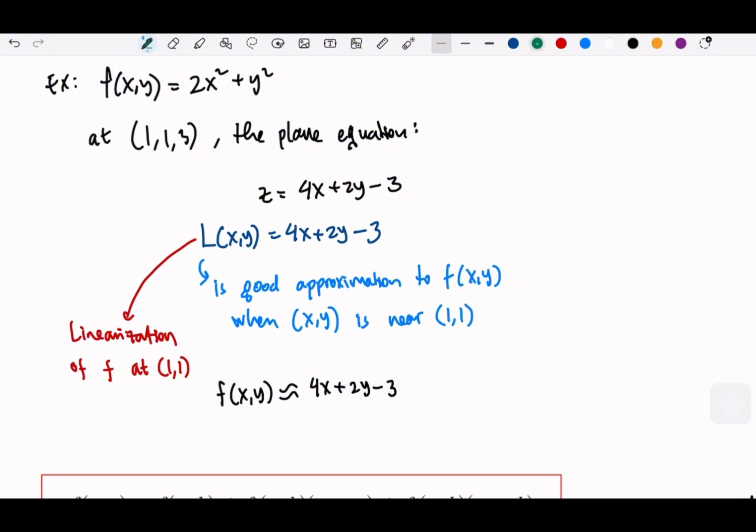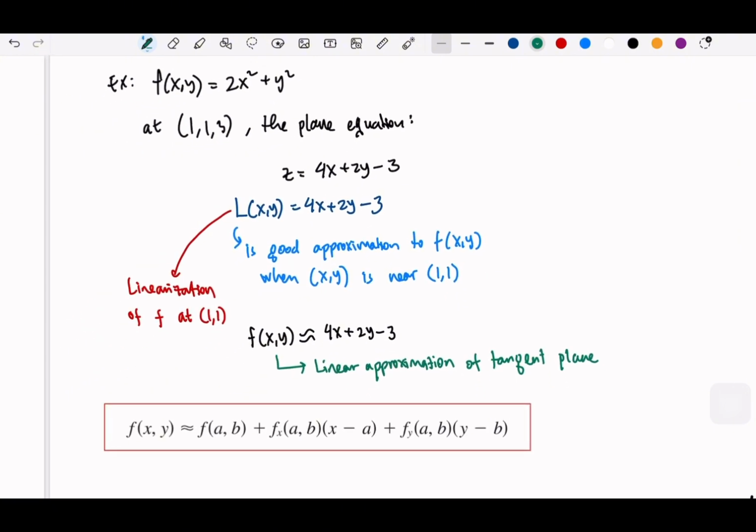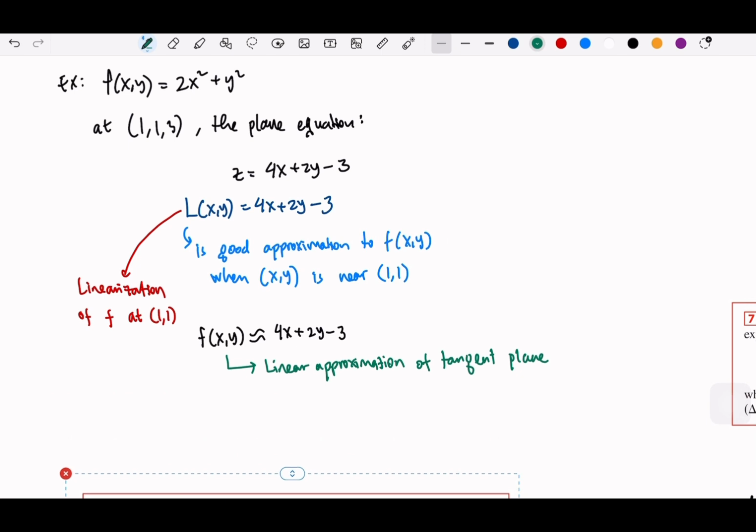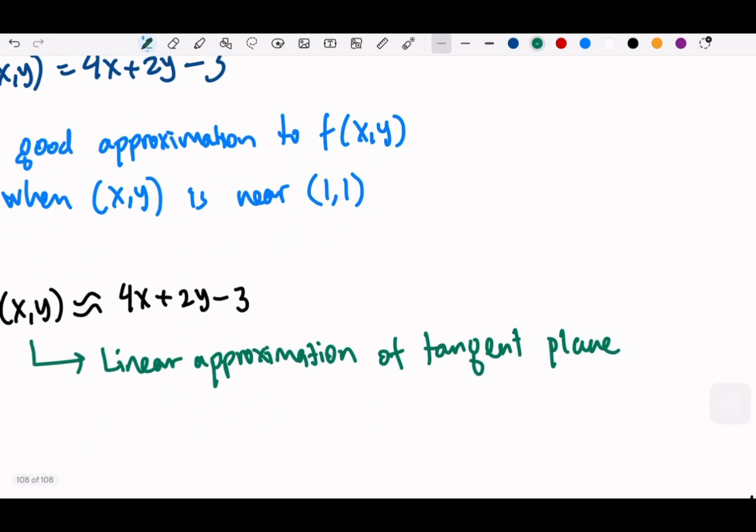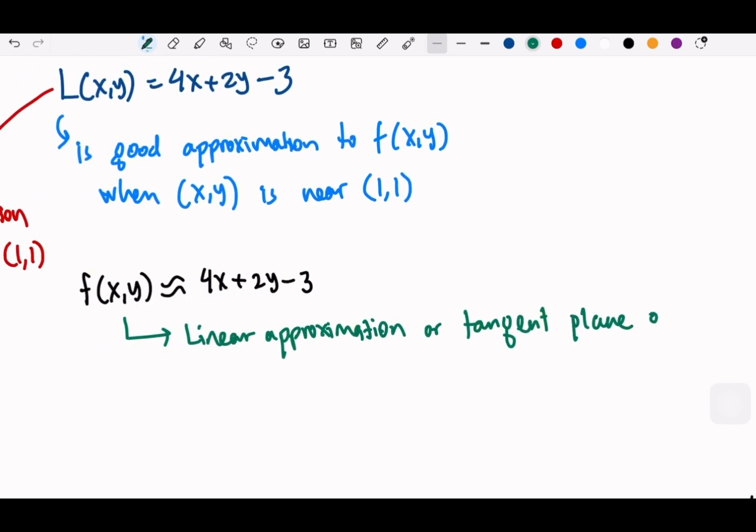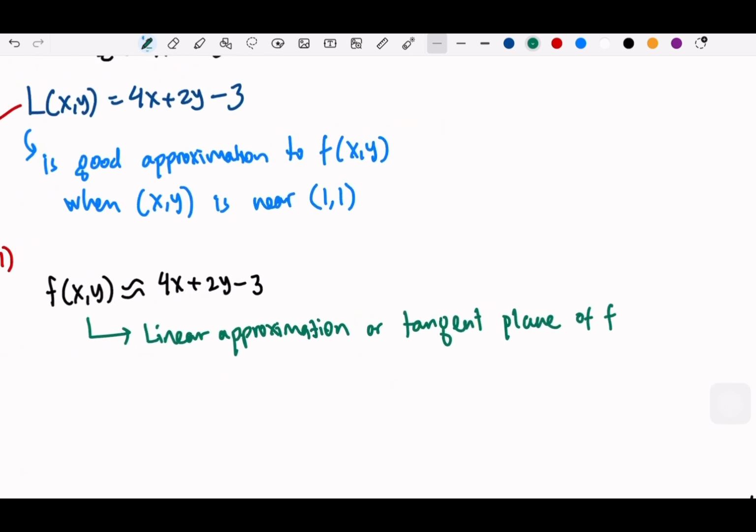This we call the linear approximation of the tangent plane, or the tangent plane of f at (1, 1).